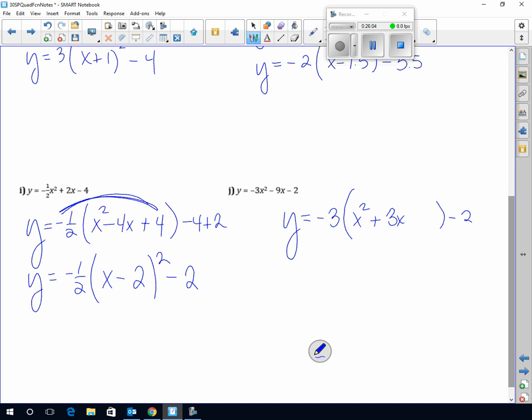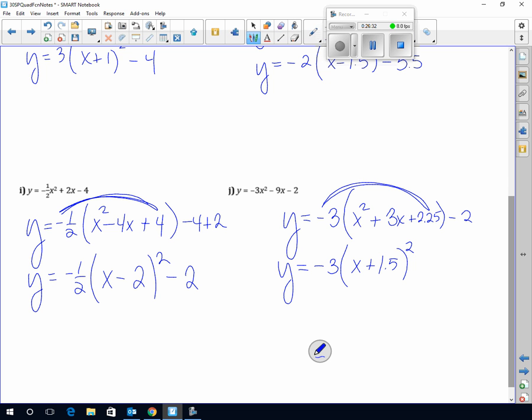What's half of 3? Plus 1.5. What's 1.5 squared? 2.25. But we didn't add 2.25. We actually subtracted 3 times that. So what is that? 6.75 we actually subtracted. So what do we have to do to compensate?